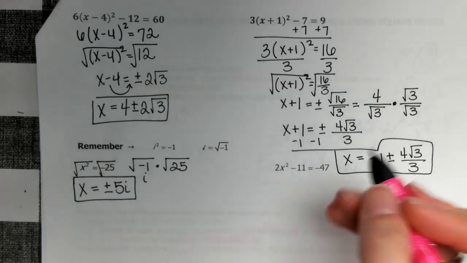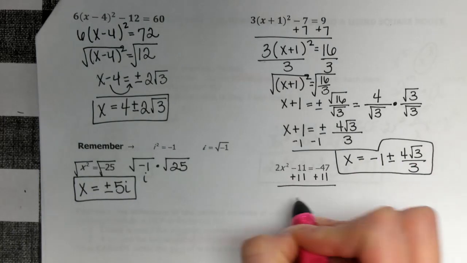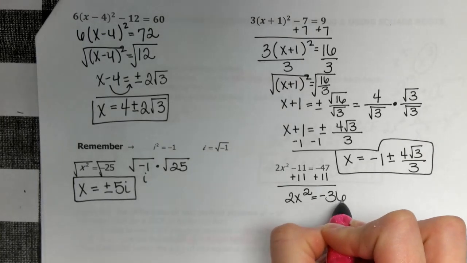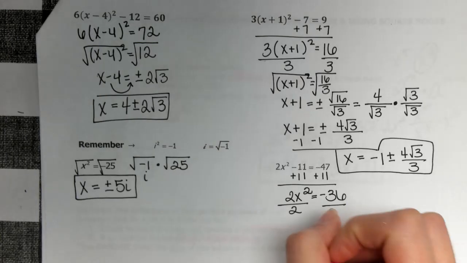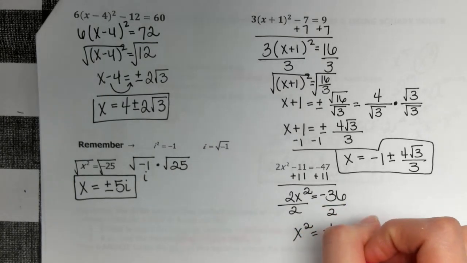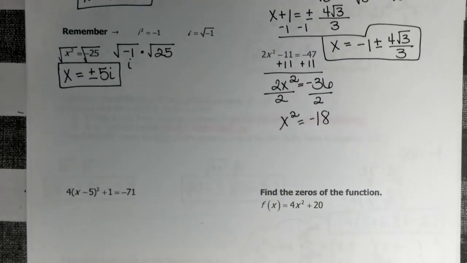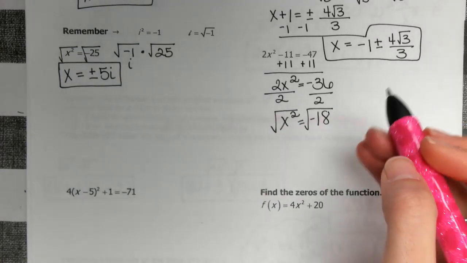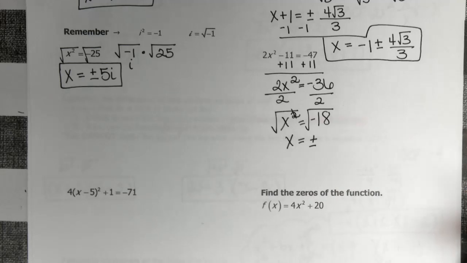Okay, so this next example, I would add 11. 2x squared equals negative 36. Divide by 2. X squared equals negative 18. Take the square root. X equals, I know I'm going to have a plus and minus.